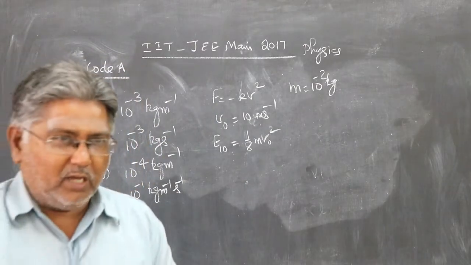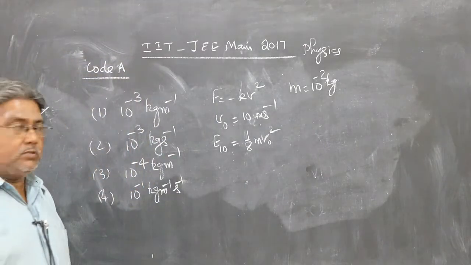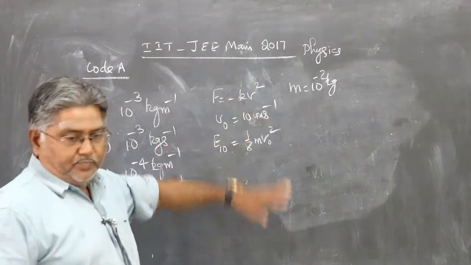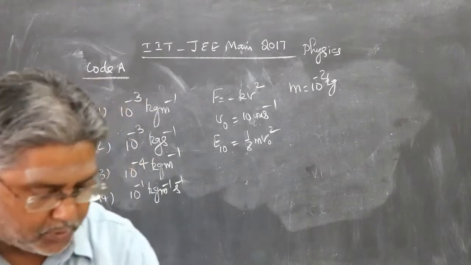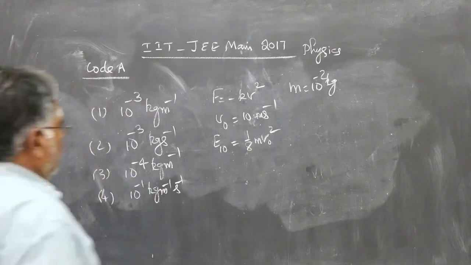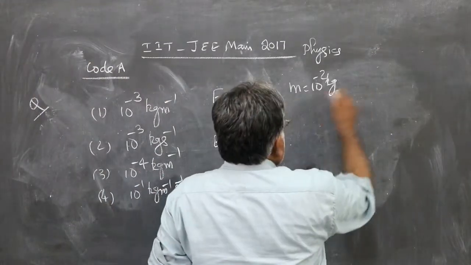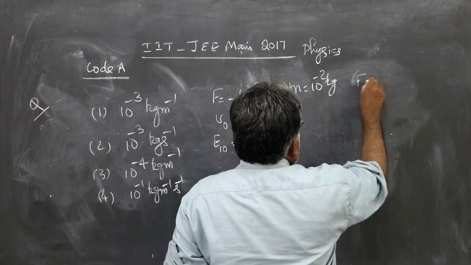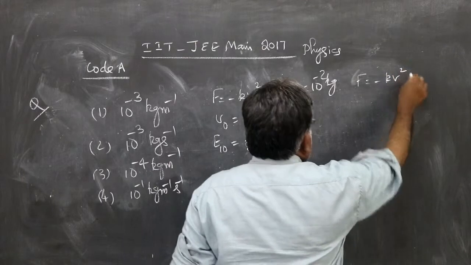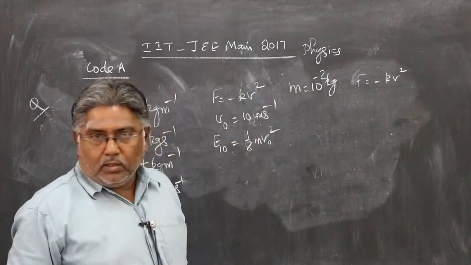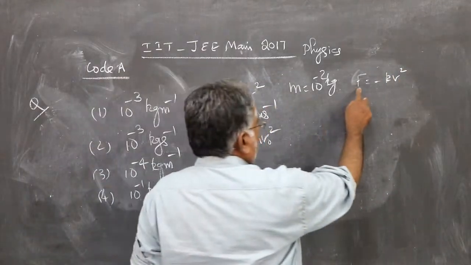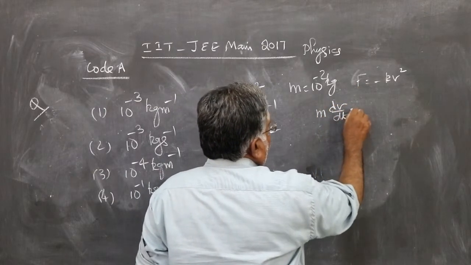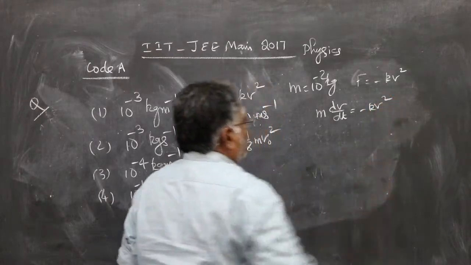So, some data is given. What basically you have to find out is the value of k. Okay, we see how to proceed. It's given F is equal to minus kV square, but F is ma, so m into dV by dt is minus kV square.